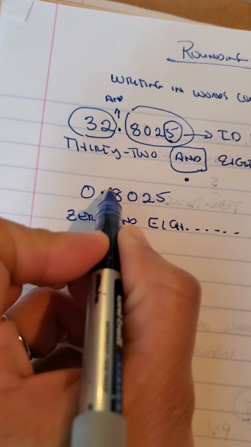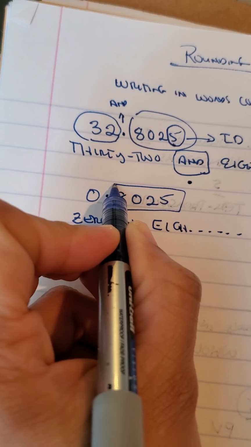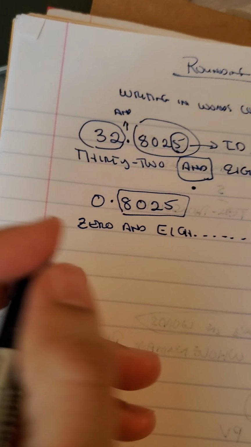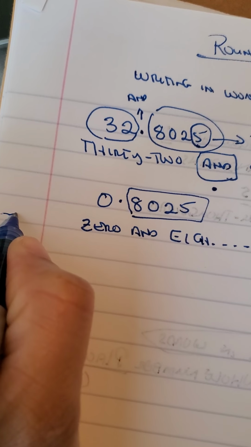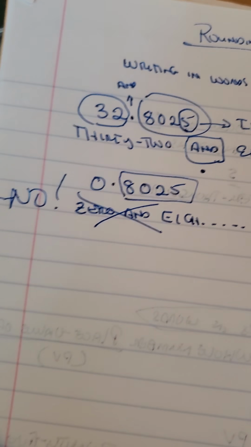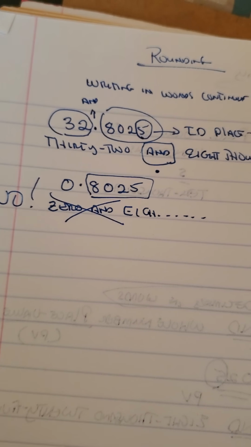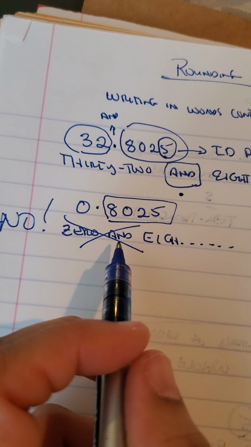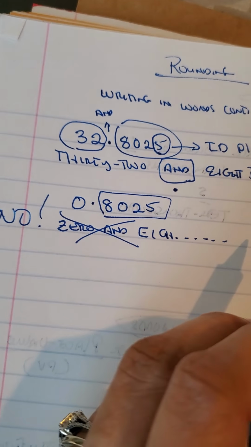You can just write it as the whole number that you see. So I'll just put a big no. I wish I had a red pen. You don't need to say 0 and 8,025 10,000s.